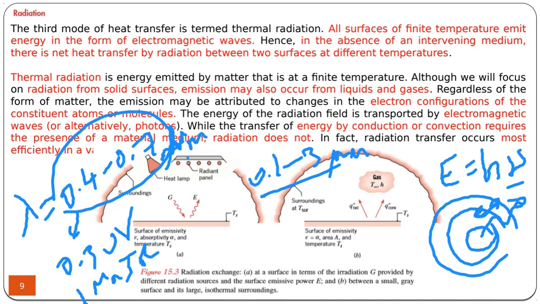Maybe some animals can see infrared, we don't know. But this is what we call the thermal radiation band, because this is the part of the electromagnetic radiation that causes radiation heat transfer.